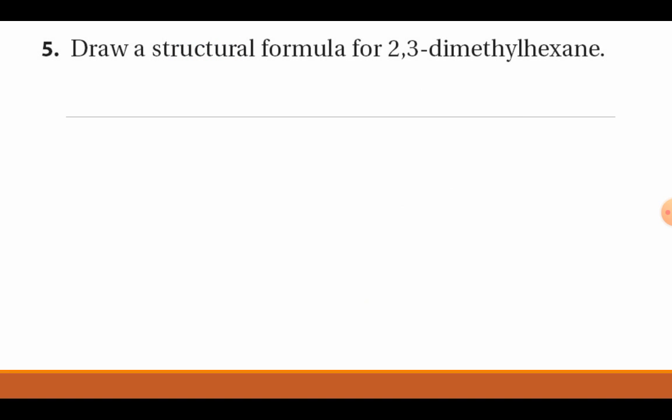Draw a structure formula for 2,3-dimethylhexane. Okay, easy now. I told you we'll start with the last part, hexane. Hexane means 6, the parent chain. It has 6 carbons, 1, 2, 3, 4, 5, 6.